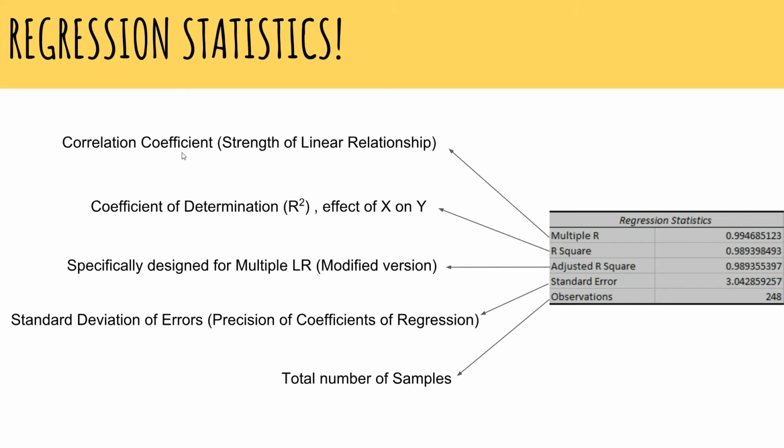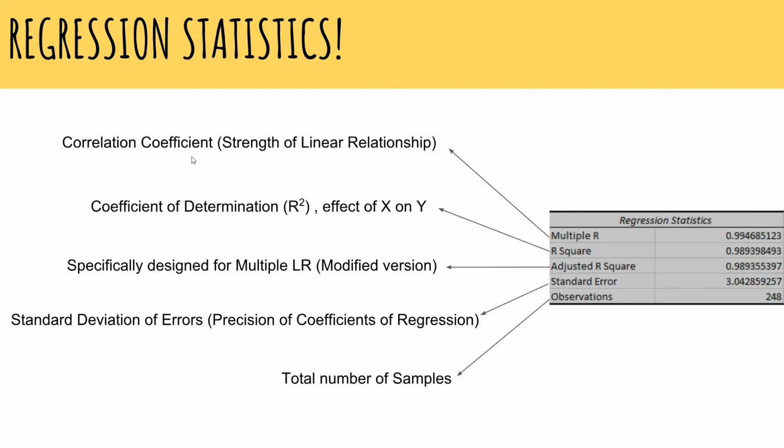Now let's come to the important thing. What is multiple R? Multiple R is basically a correlation coefficient. What is a correlation coefficient? A correlation coefficient is the quantity which defines the strength of linear relationship. As we are studying linear regression, our relationship must be linear, which we plot initially to move further with the model.